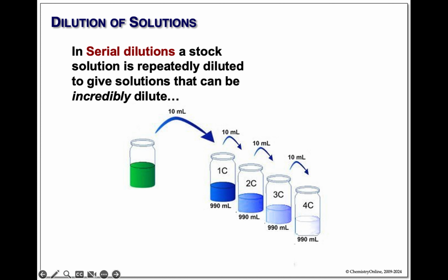If we continue this out, 12 serial dilutions, and we started with 1 molar sodium chloride, after 12, we would have 32 sodium ions in solution. 32, down from 6 times 10 to the 23rd. So this allows you to make solutions with darn near nothing in them.